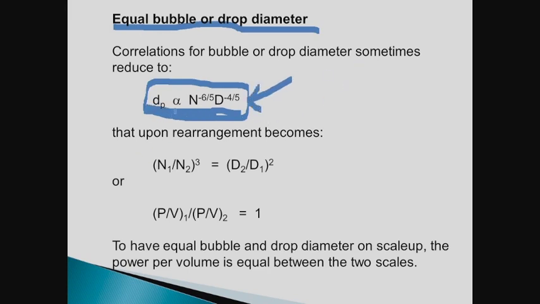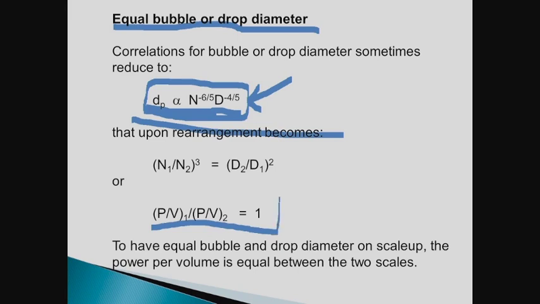This is drop size dependent upon the Weber number. It's for very dilute systems, and it has no effects of surface charge in it, no countering effects due to coalescence. There's a whole bunch of stuff that's left out of this correlation.